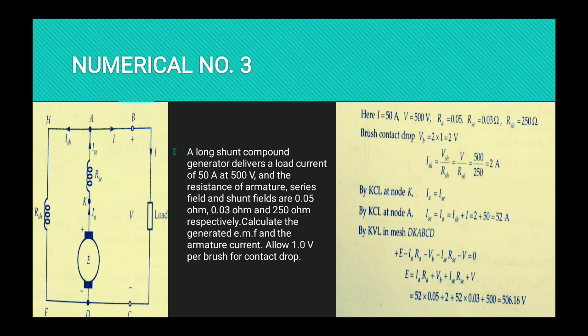So let us discuss the circuit diagram. You can see here IA is the armature current.